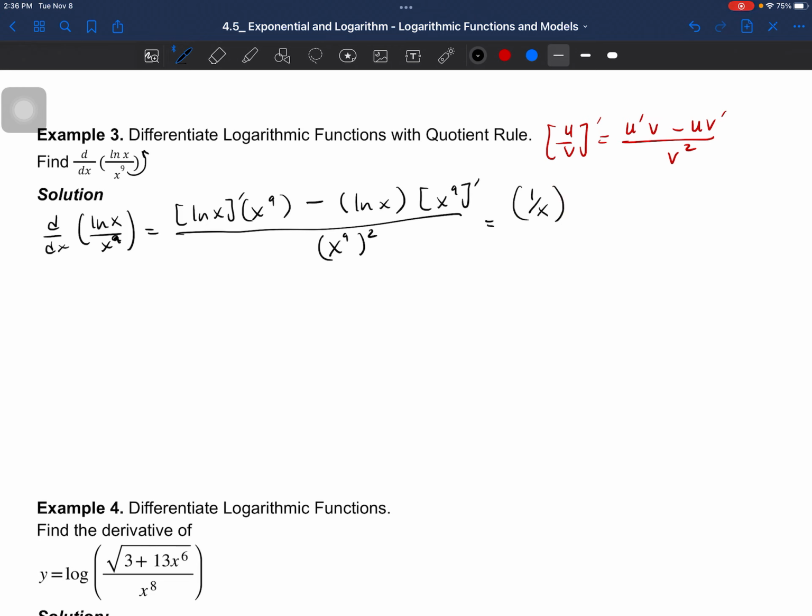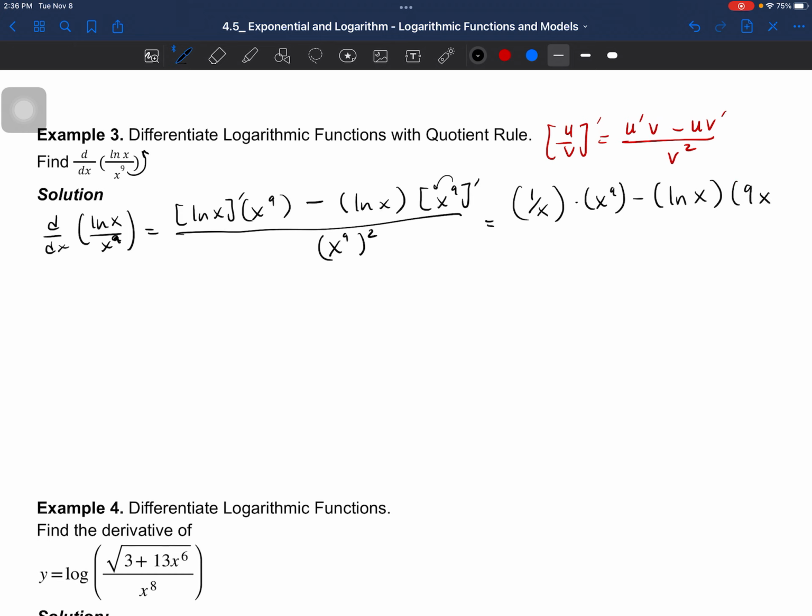So it kind of simplifies the process if we do this extra step. So begin by taking the derivative of the natural log of x. What's the derivative of natural log of x? It's going to be 1 over x. And then multiply by x to the ninth, right? We don't have to do anything to that one.